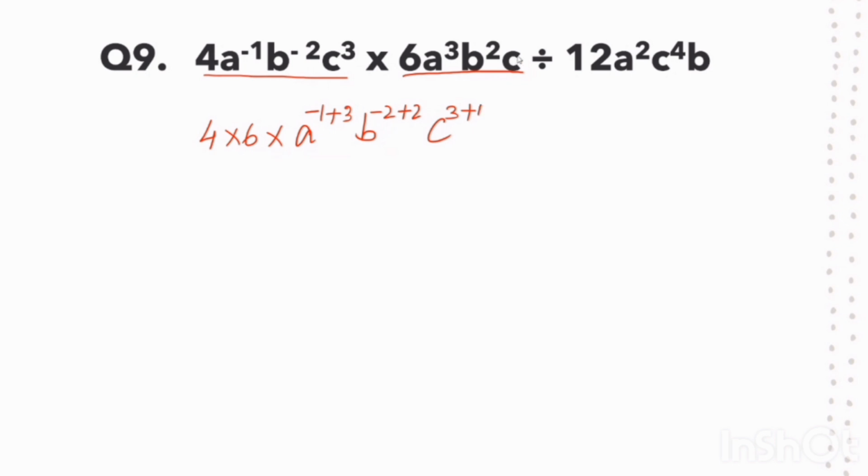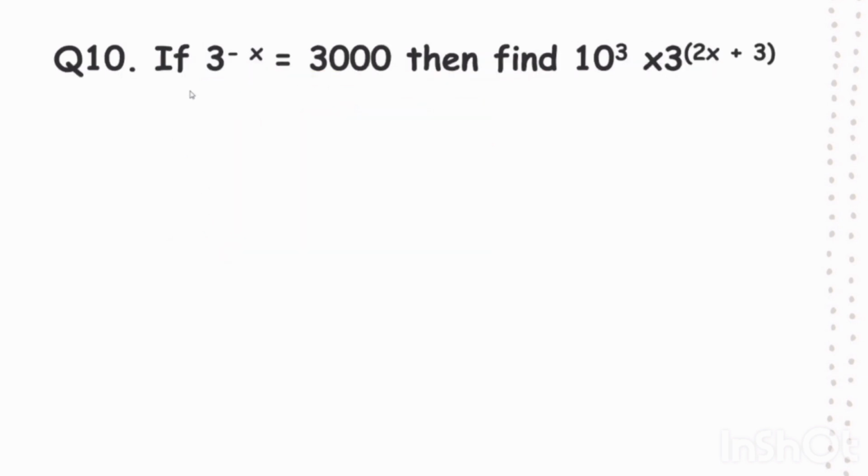Here c, nothing is there means its power is 1, divided by 12 a squared c to the power 4 and b. Now 6 2s are 12, so only the numerical factor 2 remains, and let us find 3 raised to the power x, that equals 1 upon 3000.